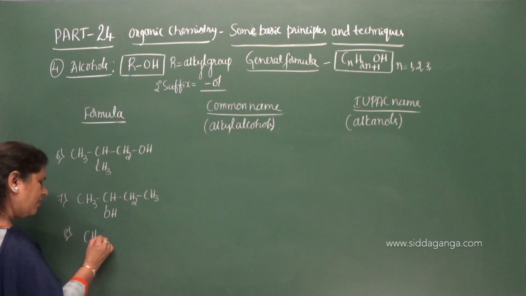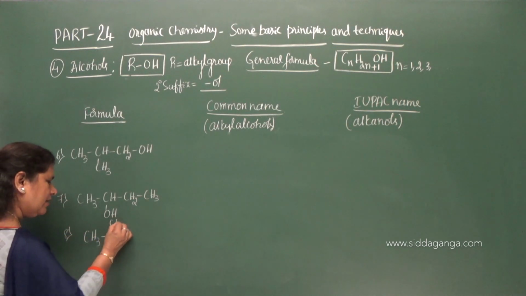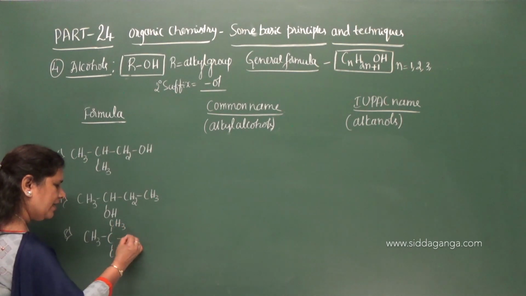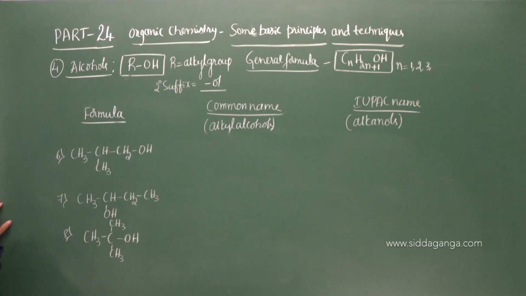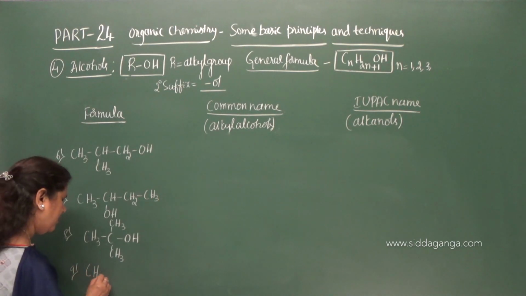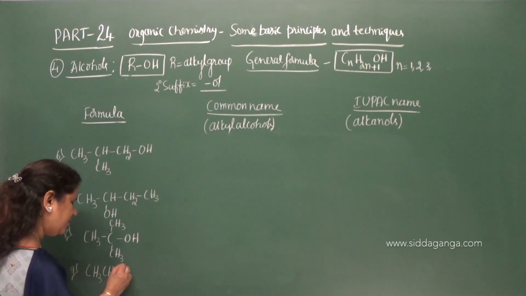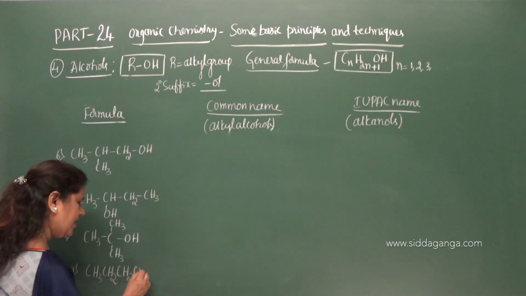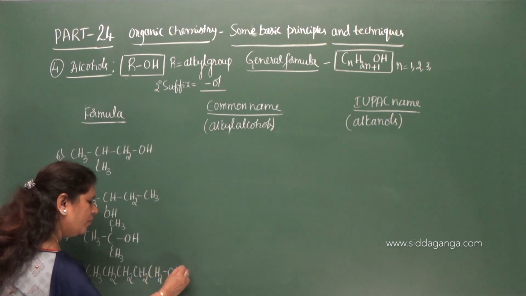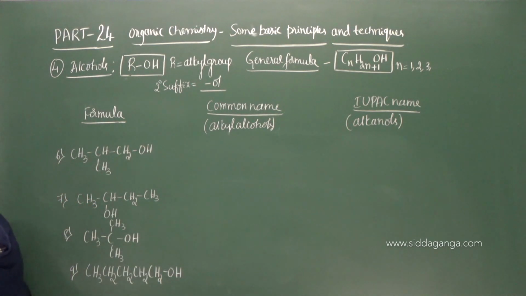Eighth one, CH3, CCH3, CH3OH. Okay, last one, CH3, CH2, CH2, CH2OH. Okay, now let me give the common name first.